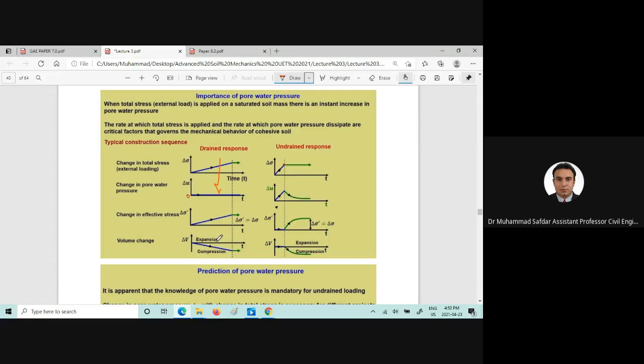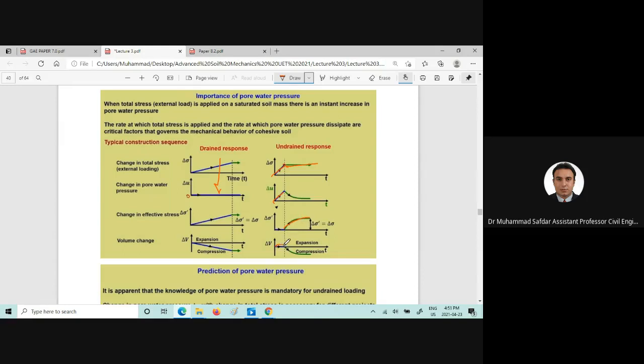Now in the undrained case, initially the total stress would increase, and when the total stress increases, the pore water will take all the load. After some time the drained loading would occur, or the stress would be constant, and the dissipation of excess pore water pressure would occur, and the increase in the effective stress would also occur.